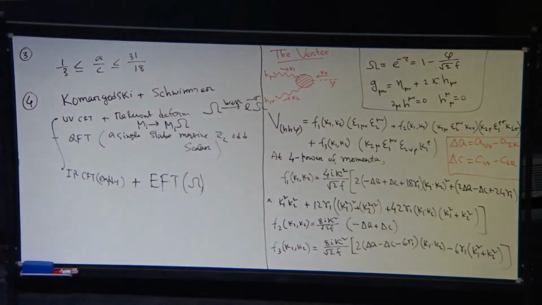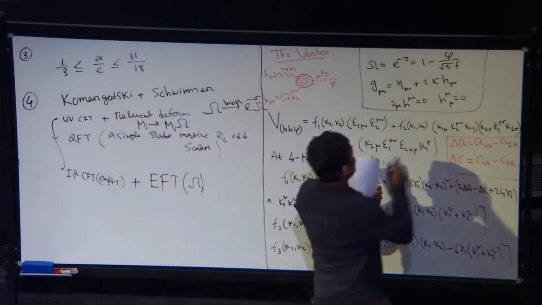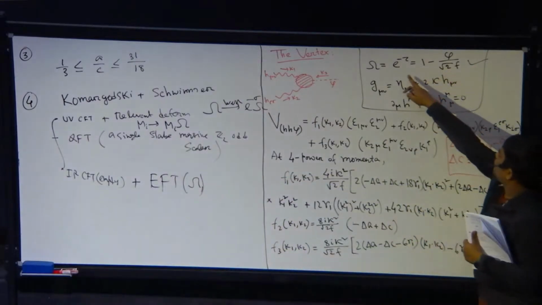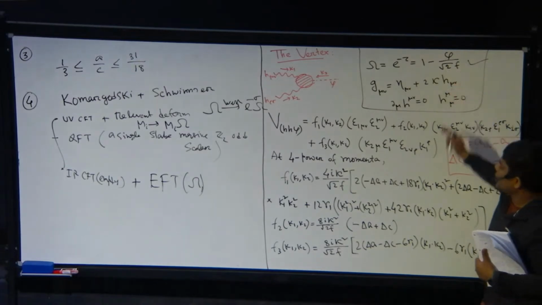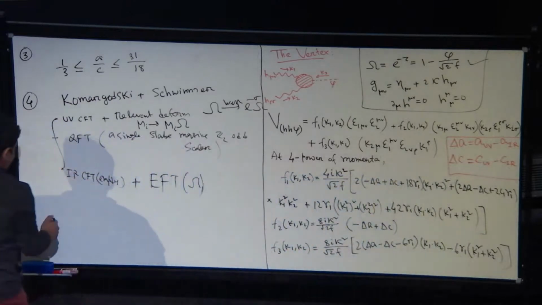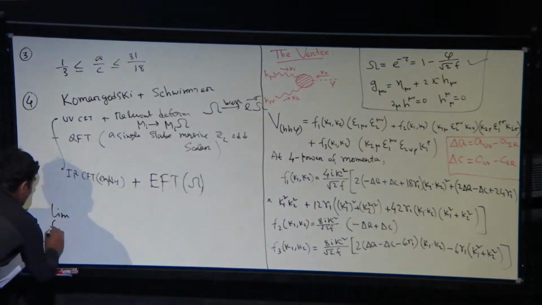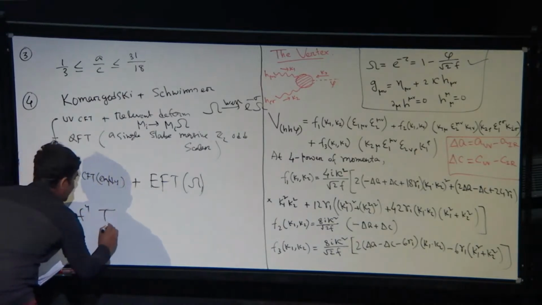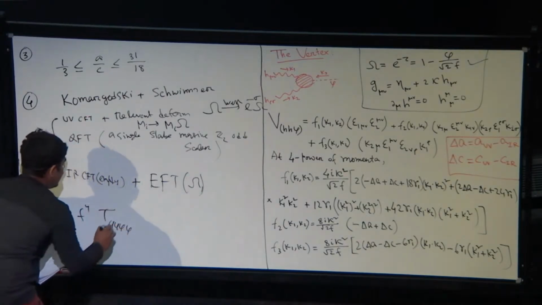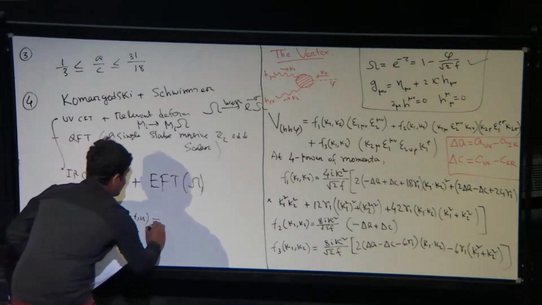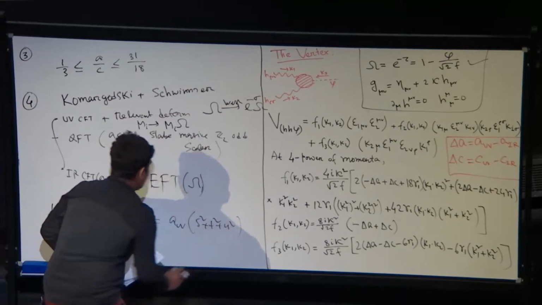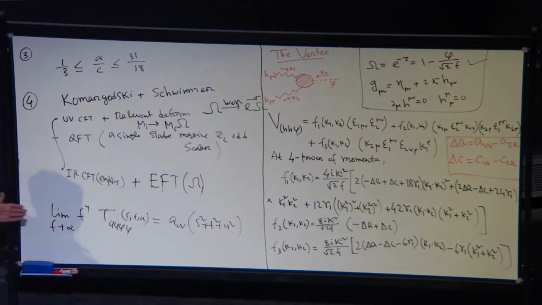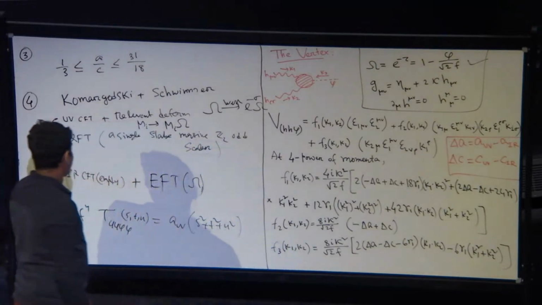And then using Komargodski-Schwimmer, one can see how the four-dilaton scattering amplitude behaves if we use this kind of parameterization for the dilaton, which is omega equals 1 minus phi over 2f, and if we take f going to infinity, which is like a probe limit, we can see that the four-dilaton amplitude behaves like a UV coefficient times s squared plus t squared plus u squared.